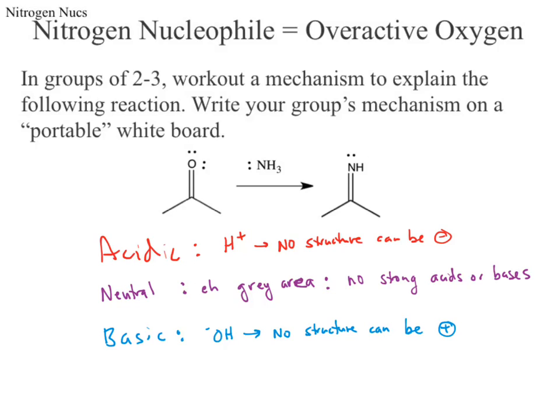Okay? So things to evaluate while you're looking at a mechanism is decide what conditions you're running under. Maybe the question tells you, or maybe like this case, it was intentionally vague and says, leave it up to you, you figure out what conditions you're running under, and then make sure you follow those rules. If we're running under acidic conditions, that necessarily means what is present?